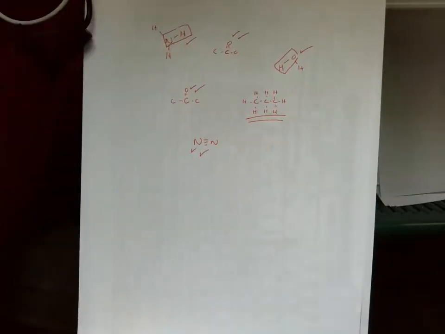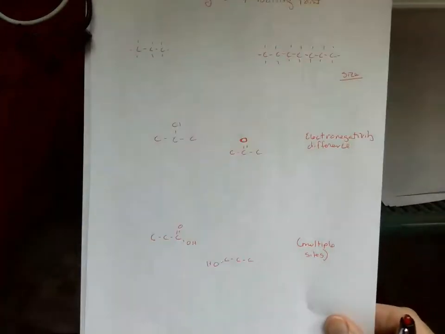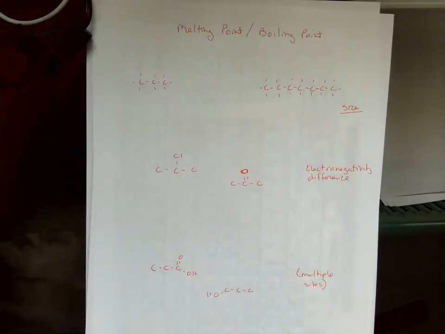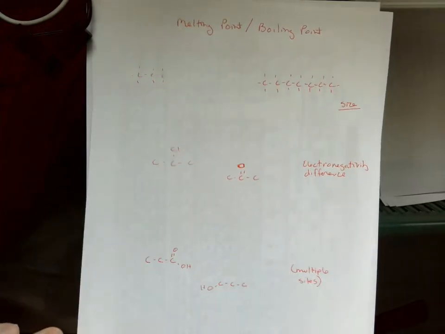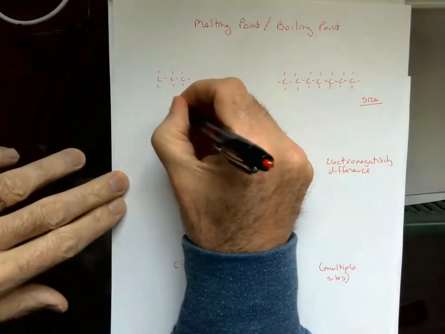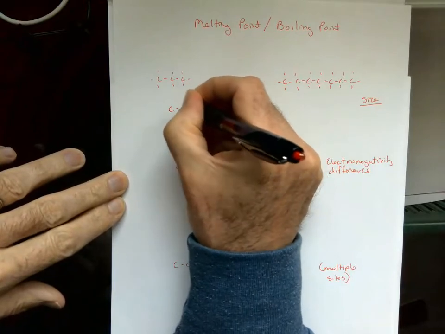Let's talk about melting point and boiling point for a minute. Melting point and boiling point occur when you have a change of state, and the change of state occurs when you break intermolecular forces.